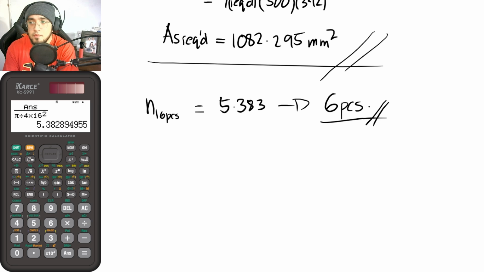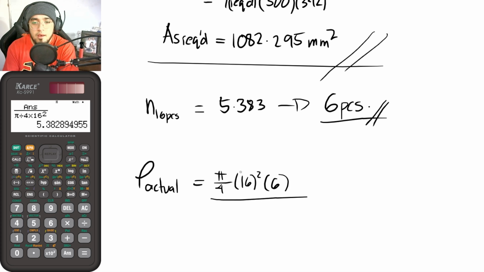Okay, so since we have rounded this up, let us check if it is still within the limit. When we have rounded it up, the rho actual is now equal to, so let us get the total area of 6 pieces. So that is now equal to pi over 4 times 16 squared, the area of 1 rebar, times 6 divided by BWD, or 300 times 342.